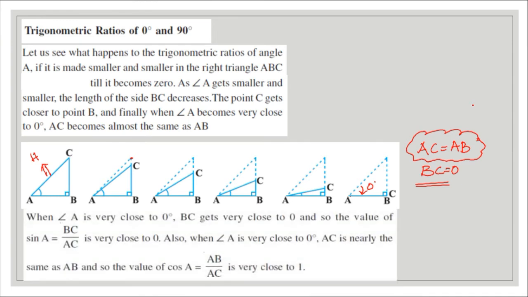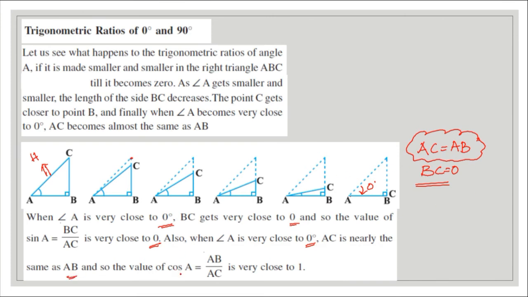When angle A is very close to 0 degrees, BC gets very close to 0, so the value of sine will be 0 upon AC, it becomes close to 0. When angle A is very close to 0 degree, AC is nearly the same as AB. They are equal, AC and AB are equal.